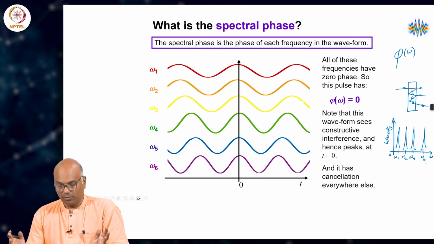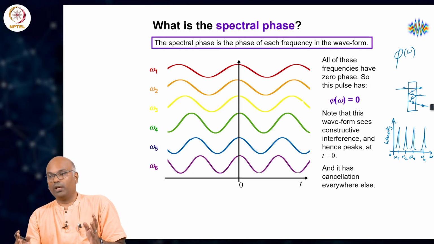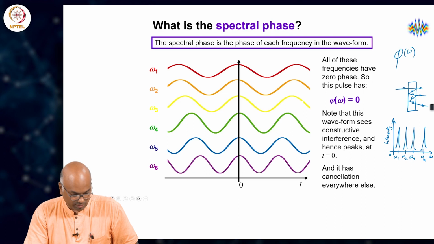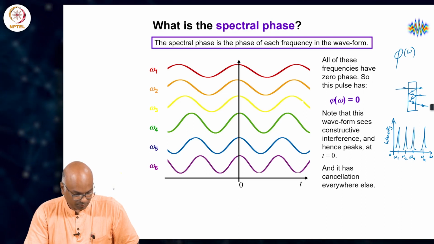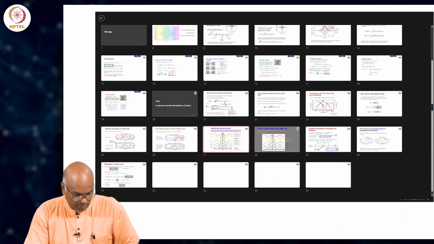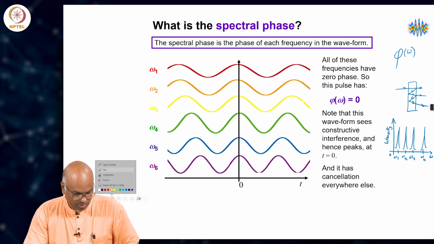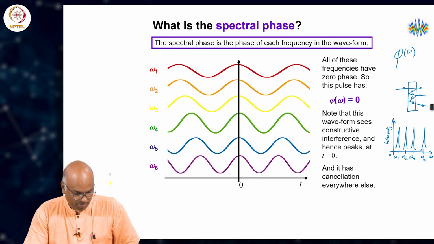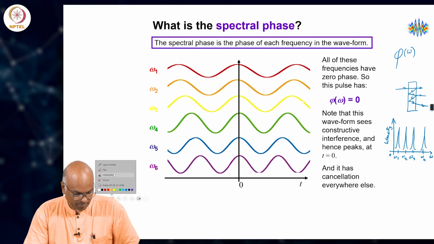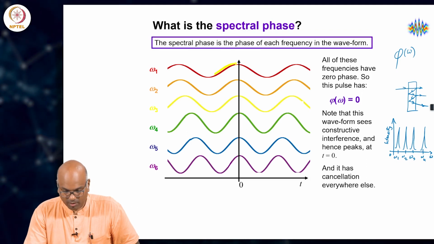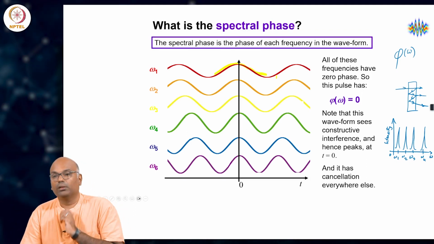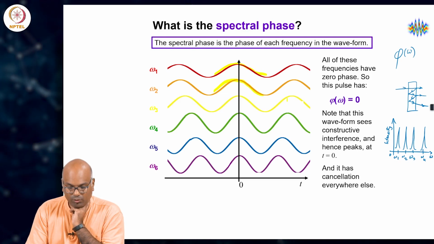Now, if I spread these frequencies out in time, I take omega 1, sketch my omega 1. This is my omega 1, this is omega 2.